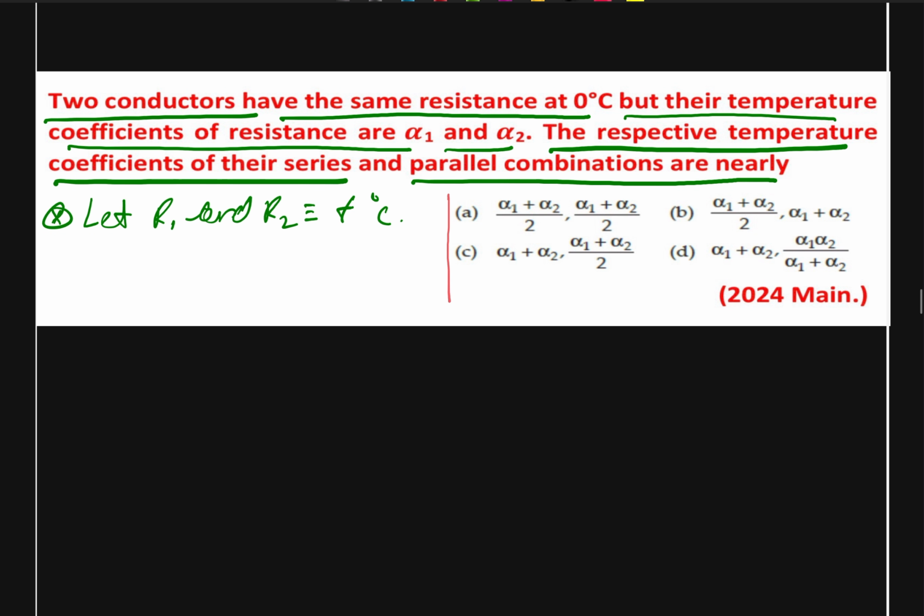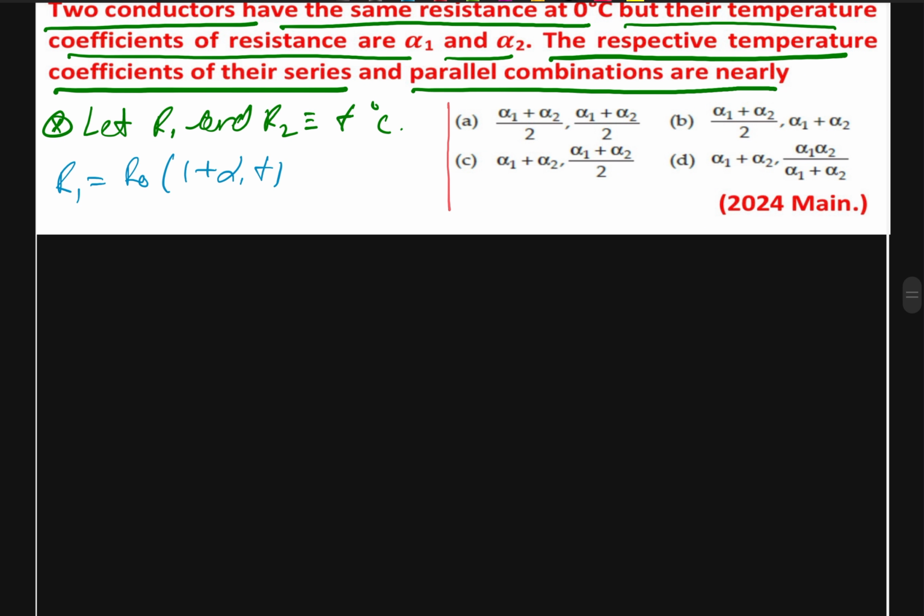Therefore, we can write that R1 is equal to R0 times (1 plus alpha 1 T), and R2 is equal to R0 times (1 plus alpha 2 T). So we got the relationship between the temperature dependent resistances, which is the standard formula for us.